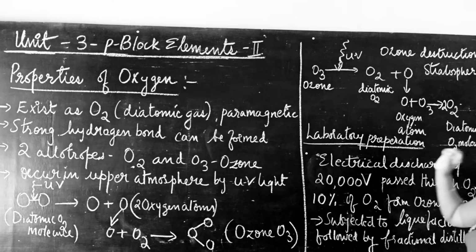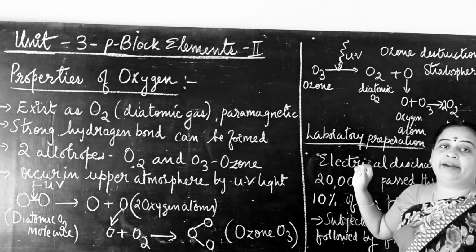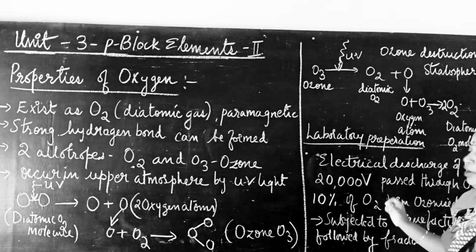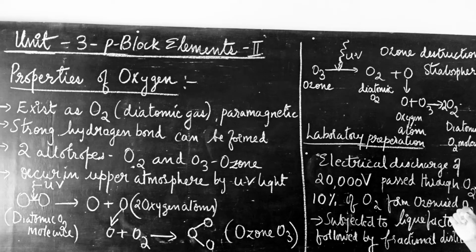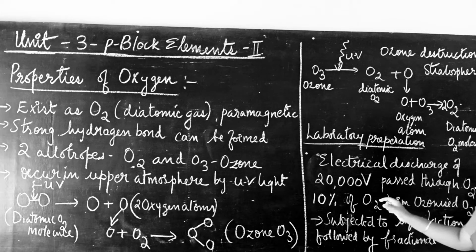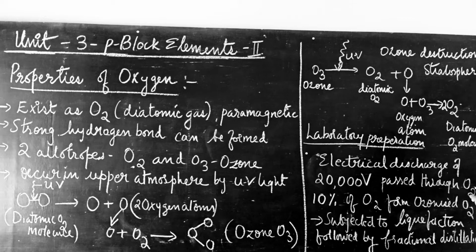Now let us see how ozone is prepared in the laboratory. In the laboratory, ozone is prepared by passing an electrical discharge over oxygen gas. Here, a 20,000 volt electric charge is passed through diatomic oxygen.